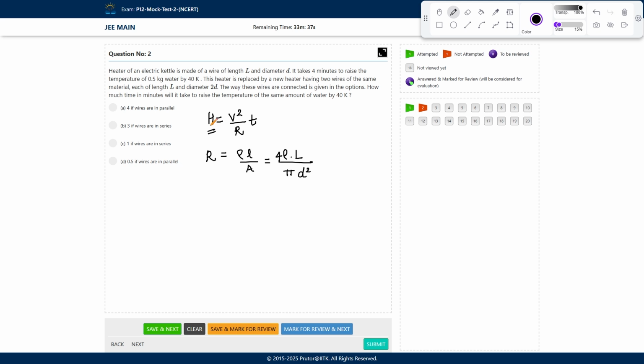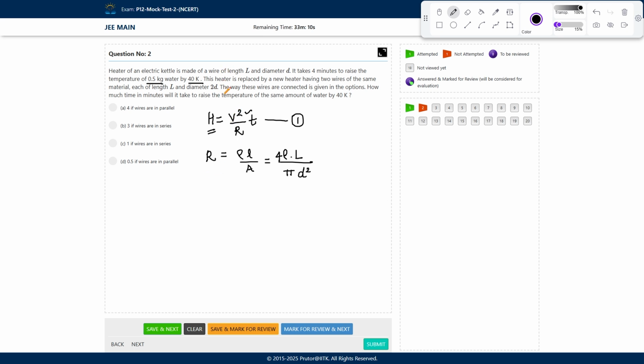Now H is constant from this first equation for both cases. We have to raise the temperature of the same amount of water by the same temperature, so H will remain constant. We have also given the voltage supply to this heater, and the voltage supply will also be constant. We are connecting this electrical kettle across the same voltage supply.